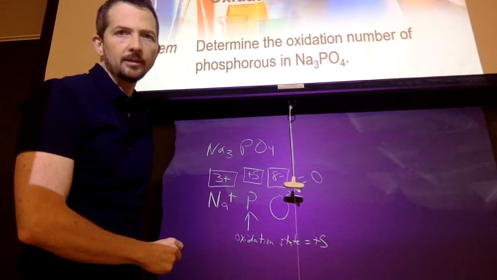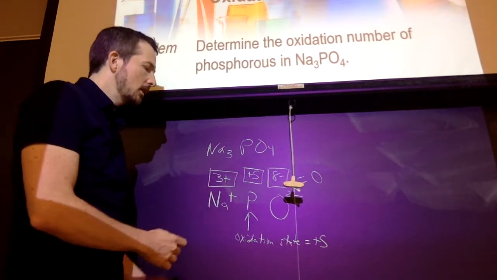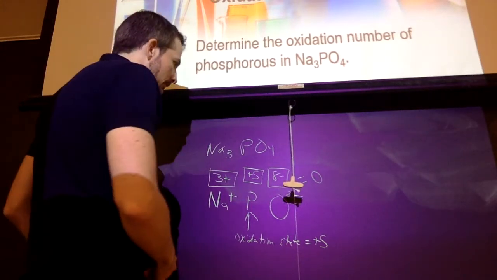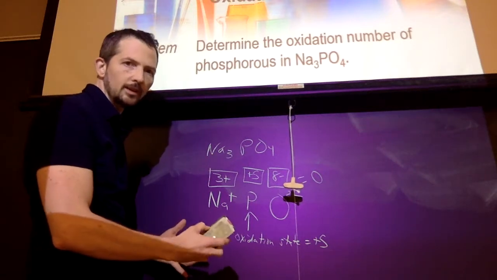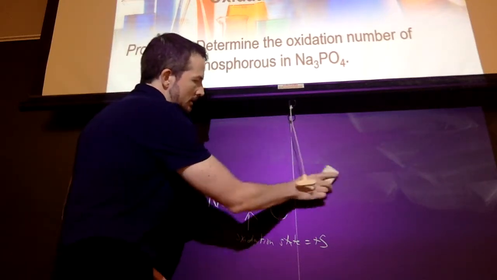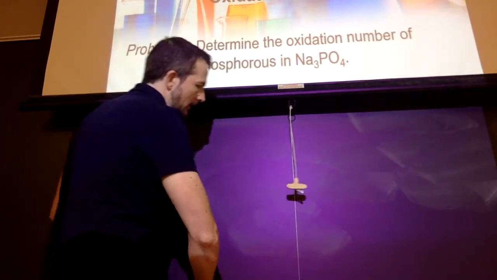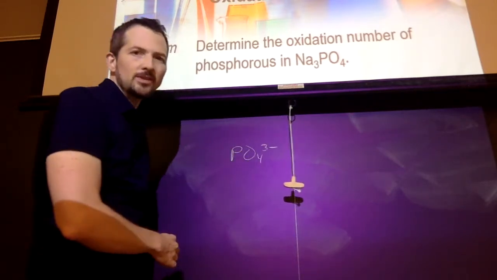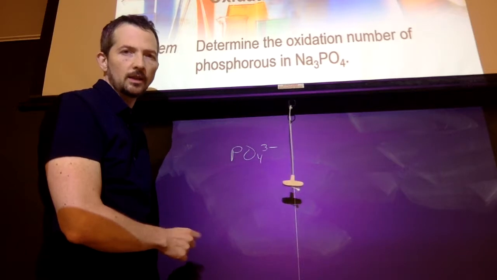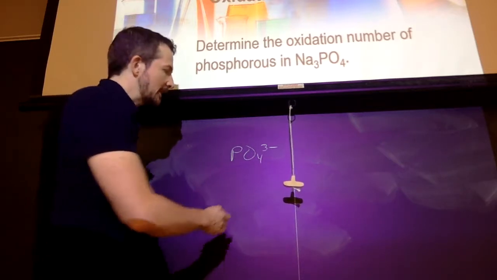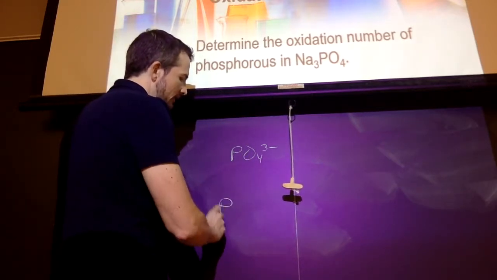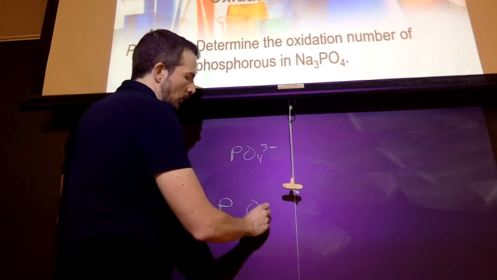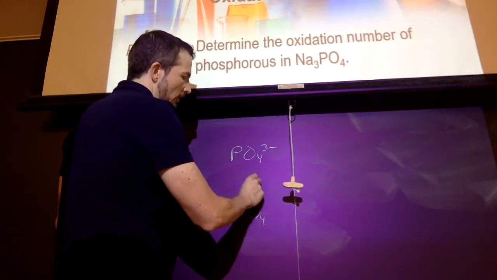is +5. Another way you could have worked this is to determine the oxidation state of phosphorus in the phosphate ion. You're going to get the same answer, and I do it the same way. With phosphorus, oxygen, I have 4 of them. It's a 2- charge, so it's 8-.